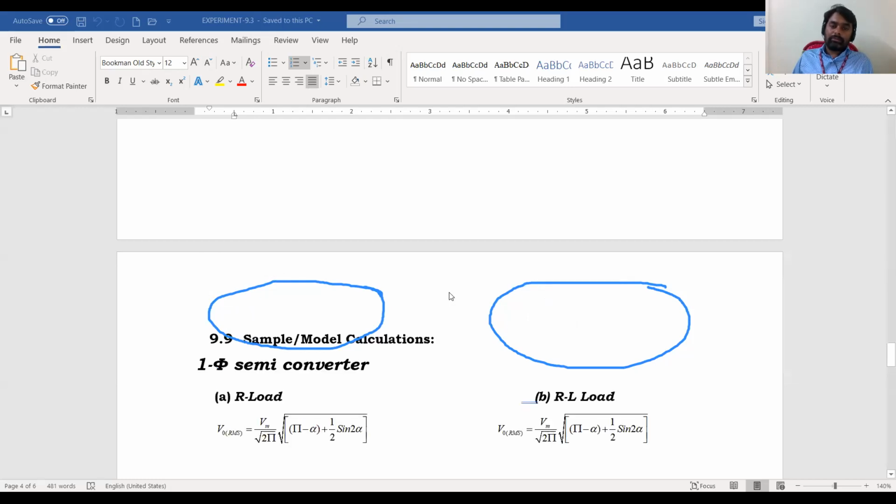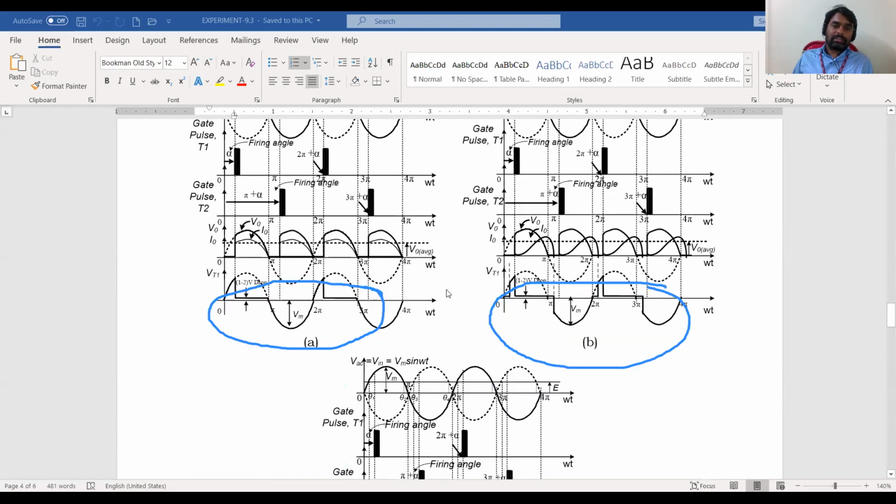Why am I saying both the expressions are the same? Just recall the waveforms. That is the average and RMS output voltage expression. The RMS output voltage expression depends upon its wave shape. Now you can see in both the cases the output voltage waveform is the same. During this interval it is 0, and the negative half cycle is converted to a positive half cycle like this, and after that it goes to 0.